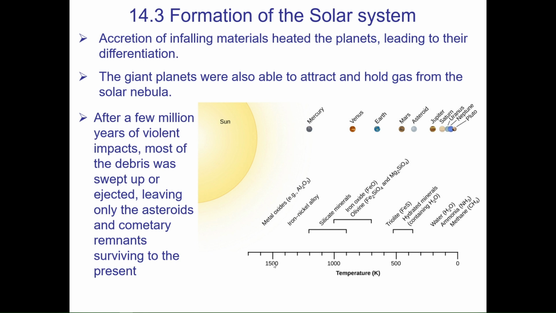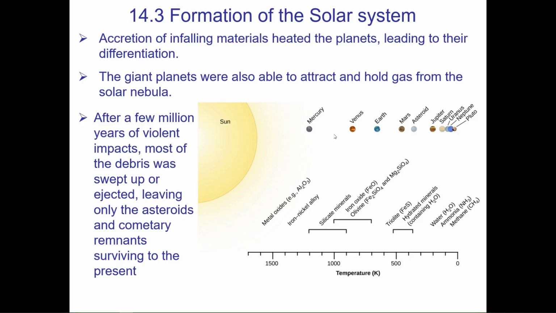We talked about how high temperature means gas molecules move fast. Mercury is also our smallest planet. It cannot hold onto an atmosphere or gas. Therefore, Mercury is mostly made from metal with some silicon or rocky material.